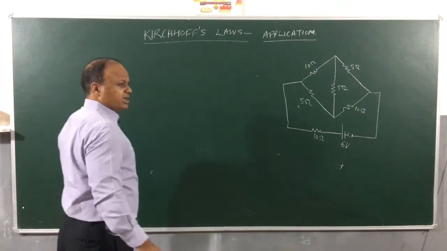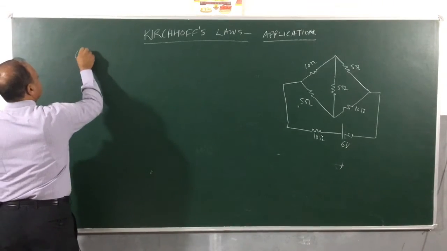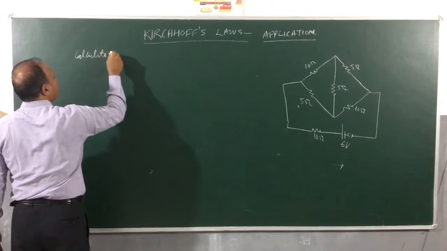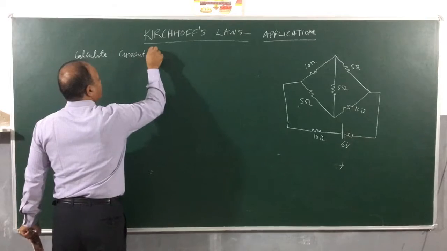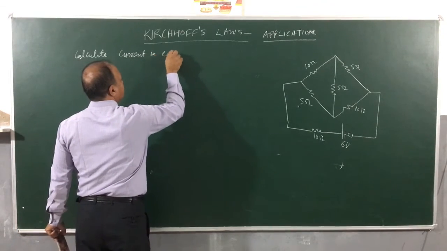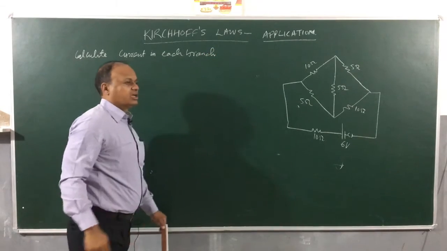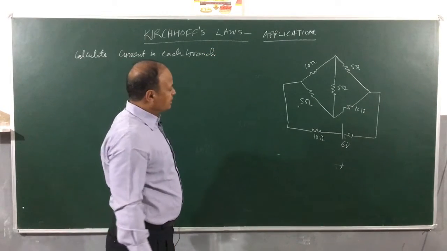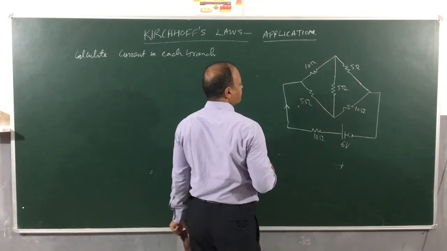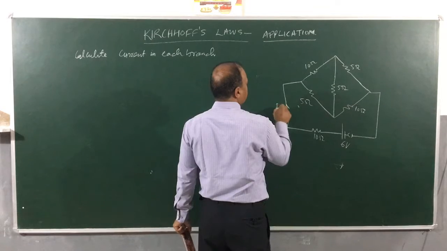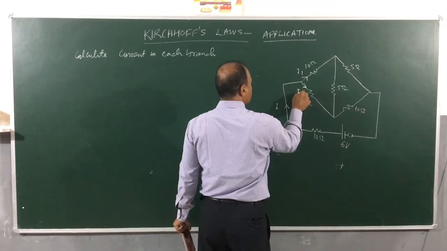And the question is calculate current in each branch. Calculate current in each branch. So this is current I, it is splitting as I1, this is I2.